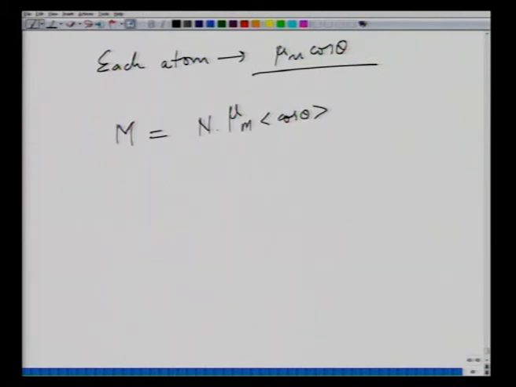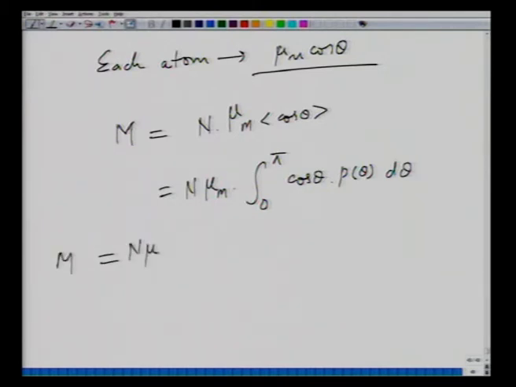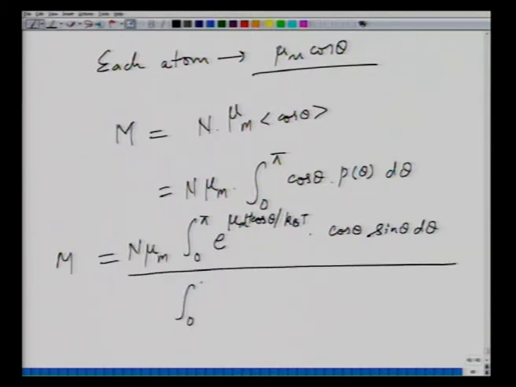So this would be equal to n mu m times the integral from 0 to pi of cos theta p theta d theta, so M would be equal to n mu m multiplied by the integral from 0 to pi of e to the power mu m H cos theta divided by k B T, multiplied by cos theta sin theta d theta, divided by the integral from 0 to pi of e to the power mu m H cos theta by k B T multiplied by sin theta d theta.